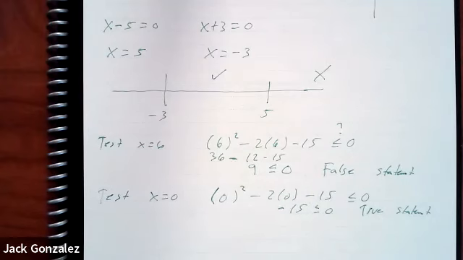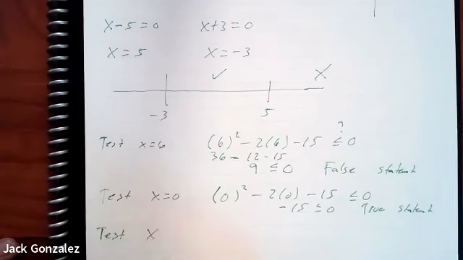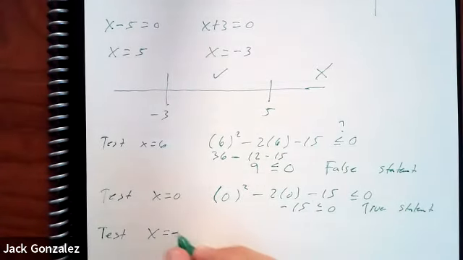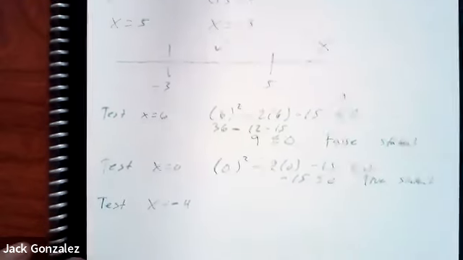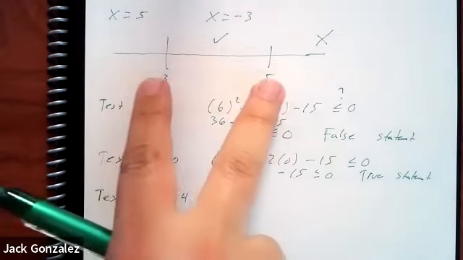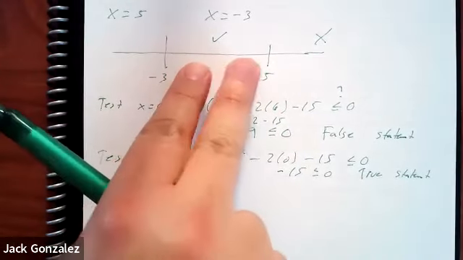All right, now check below -3. Right down here, what do you think below -3? So below -3, -4. Now you can choose anything you want as long as it's below and above these values. But once you find out that one works in here, then you're good. Everything else inside will work.